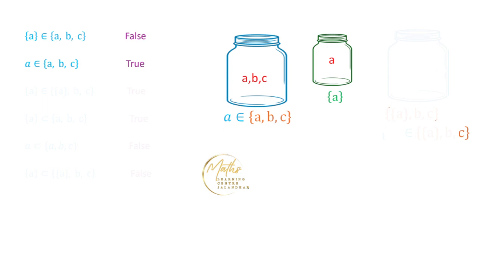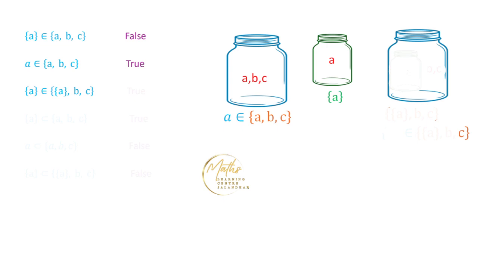Next we have that set {A} belongs to the set containing the set {A}, then B, then C. In this case, we have a jar that now contains the set {A}.